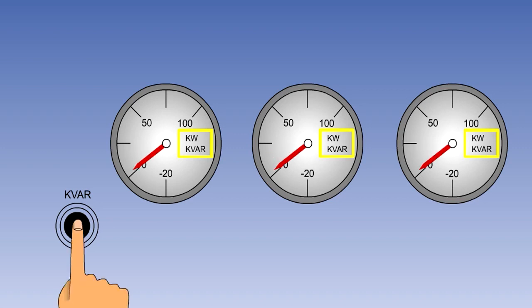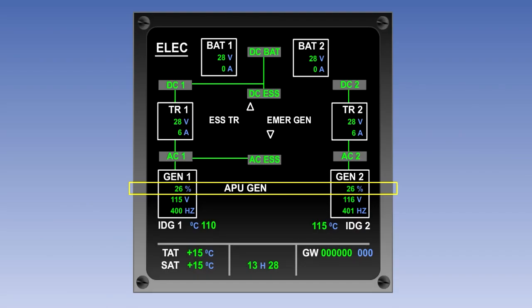Pressing the button allows the reactive load in kilovolt amps reactive or kVAR to be displayed. Modern electronic display units may only show the load as a percentage of the maximum permissible load. Others don't have load indicators, with load shedding happening automatically if the load limitations are exceeded.